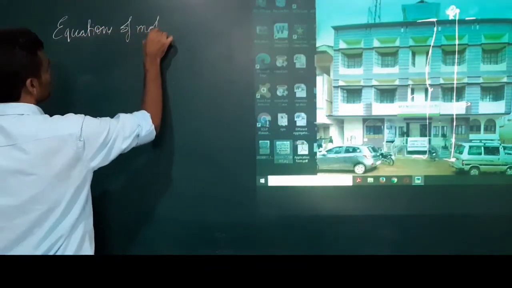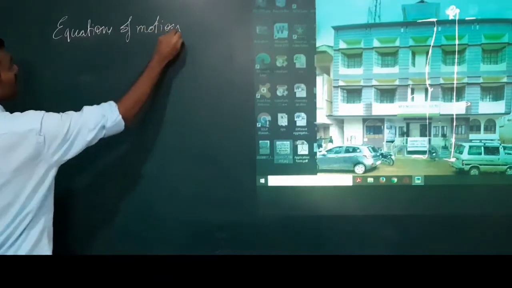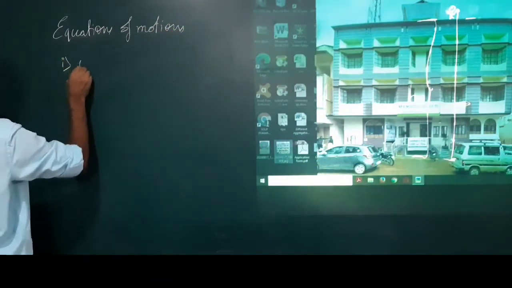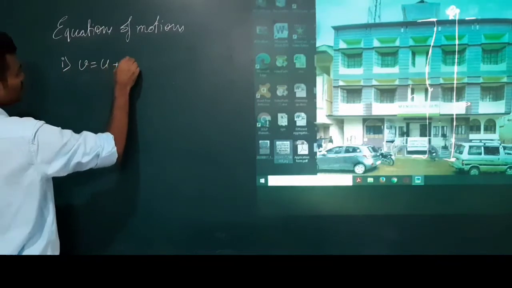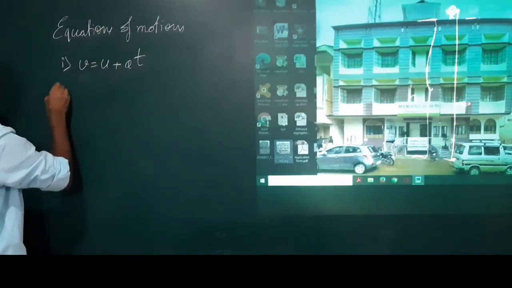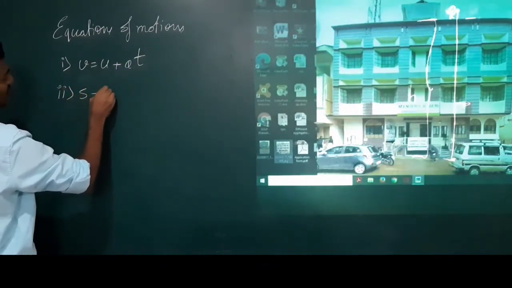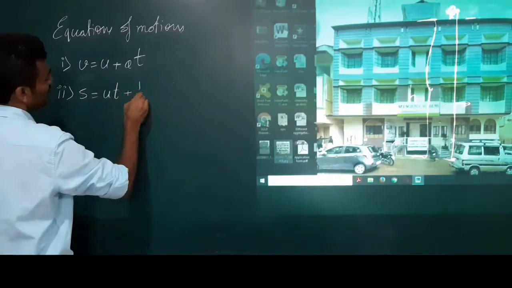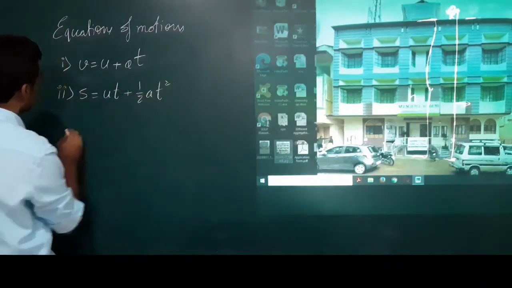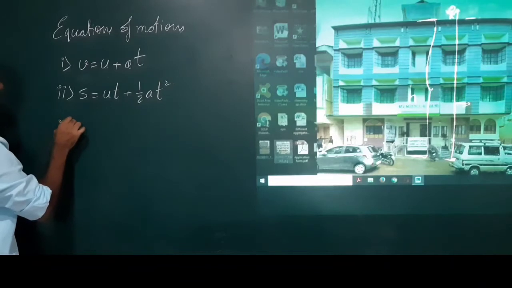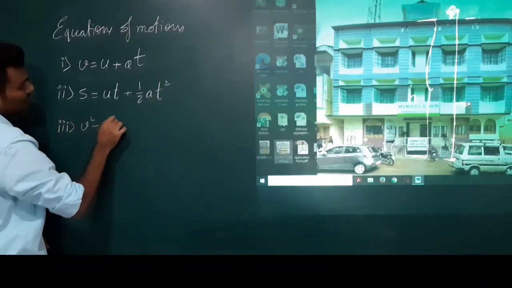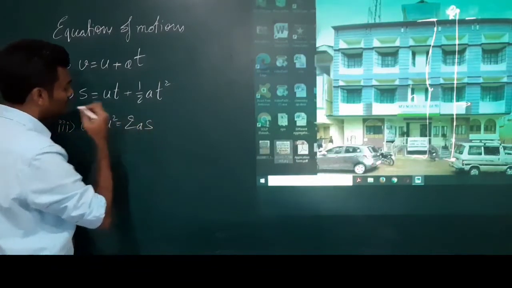First is v equals u plus at, the second is s equals ut plus half at squared, and the third is v squared minus u squared equals 2as.